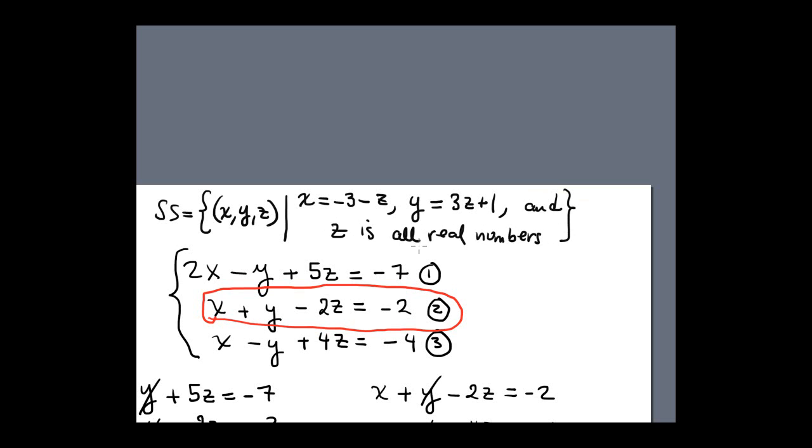One more time, the dimension of this solution is 1, because we have one free variable, and this represents a line in 3-dimensional space, in R3.